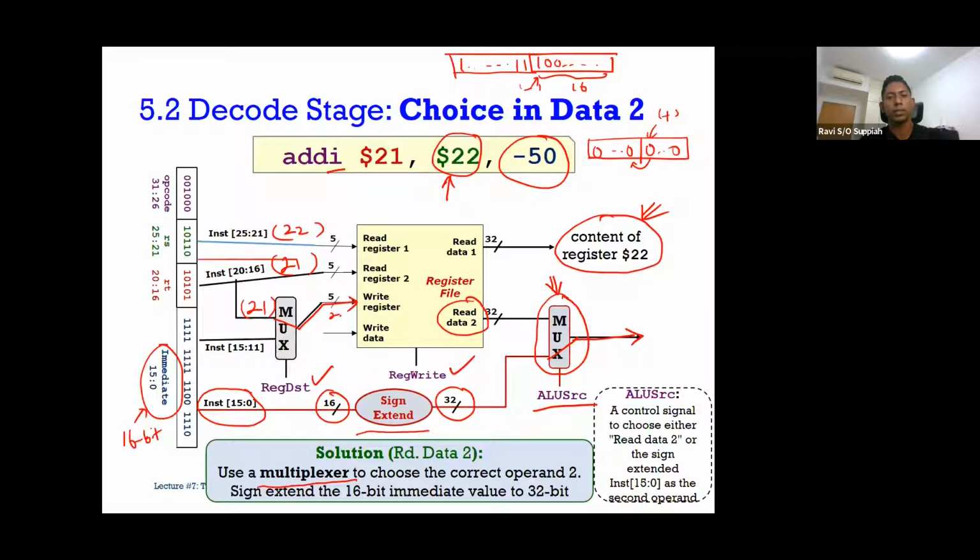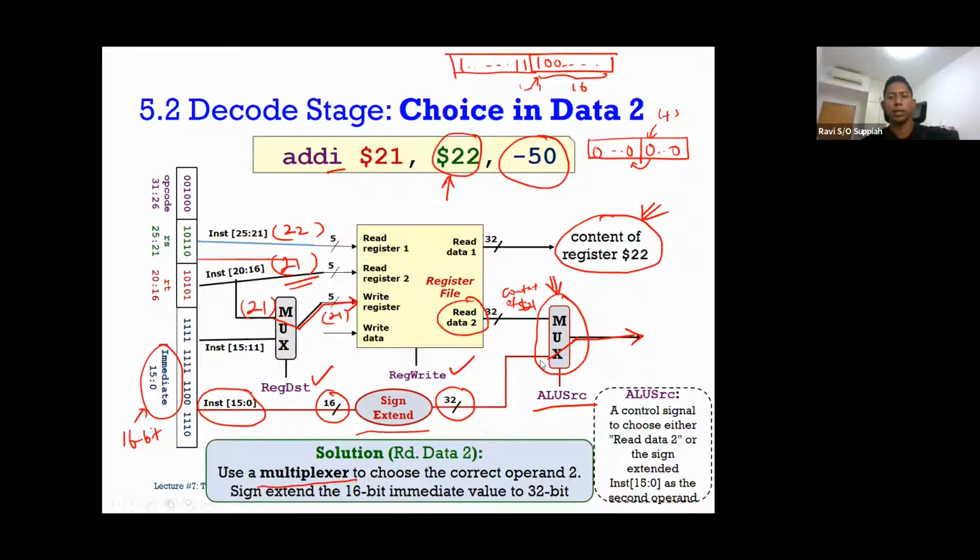So 21 comes here as the register I want to write to. That part is what we know from the multiplexer configuration. But the question being asked is, since 21 is specified as read register 2, the content of register 21 will also come out here. That is the way the hardware is really designed.